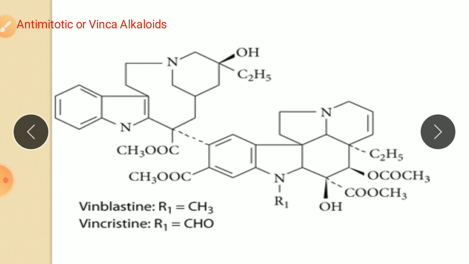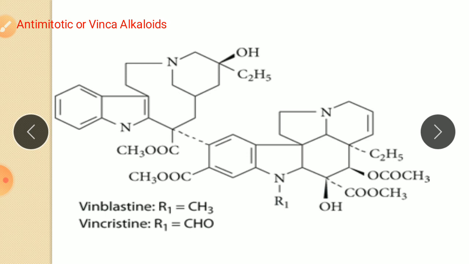Regarding mechanism of action, these drugs first accumulate in the cell, and the concentration of drug in the cell is 500 times more than in the extracellular fluid, where it disturbs formation of the mitotic spindle.